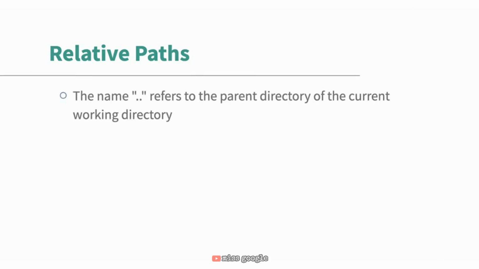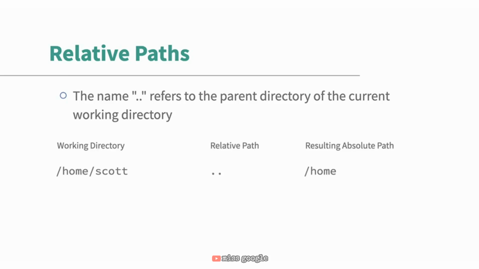In order to refer to directories higher up in the hierarchy from our working directory, we can use two dots or periods. This represents the parent directory of whatever directory we're working inside of. If I was working in my home directory, .. would represent the path /home. And if I was working in my documents directory, .. would represent /home/scot.